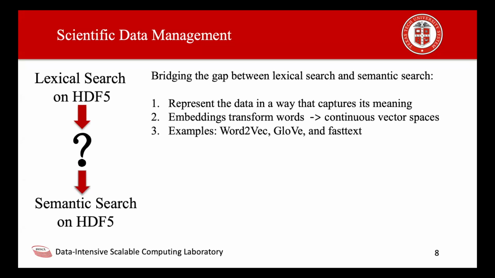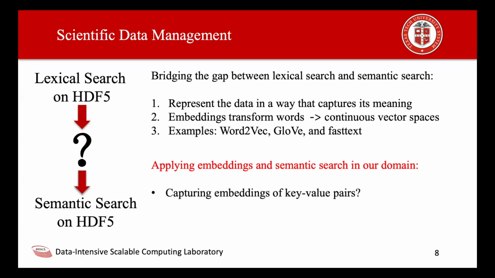For example, Word2Vec, GloVe, and FastText can all transform words into vectors. Then you can use cosine similarity to measure the distance between these vectors to measure the semantics of the words. But how do we apply this technique in our domain?